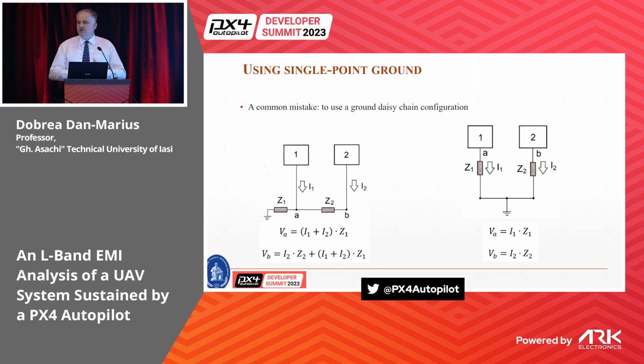The solution is to use a BEC, battery eliminator circuit, that will power your sensor, and you'll get a parallel configuration like in the right figure, where all of these problems are mitigated.